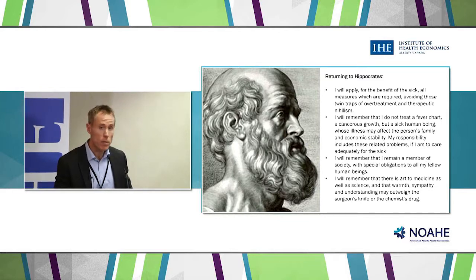And that you remain a member of society with special obligations to all fellow human beings, not just the person in front of you. And that there's an art to medicine, and that sometimes that's stronger than the surgeon's knife or the chemist's drug.